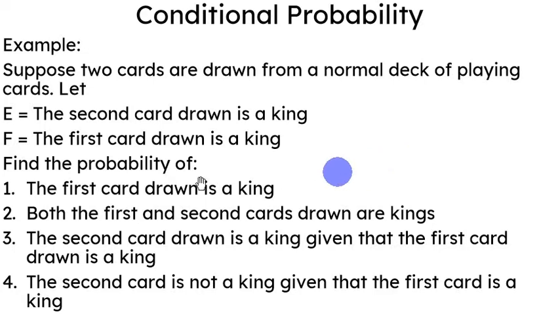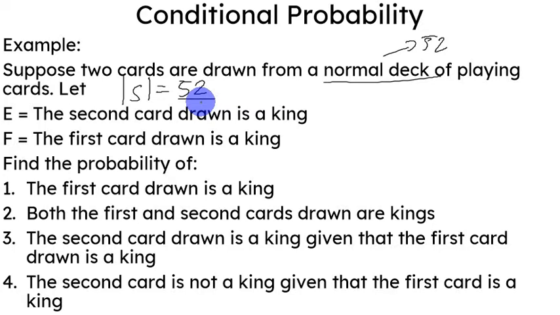Alright, so let's now solve these probabilities. Of course, as usual, let's first note our sample space, or at least how many possible outcomes we have. Suppose two cards are drawn from a normal deck. That would mean our normal deck will consist of 52 cards. Our sample space would be, you first draw a card, so that's 52 possibilities.